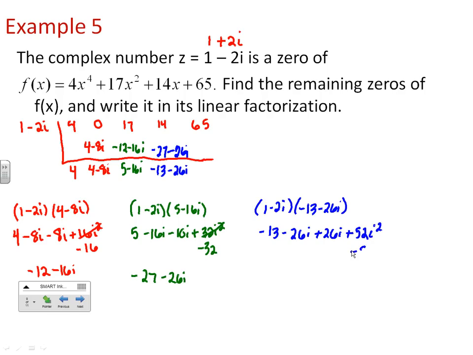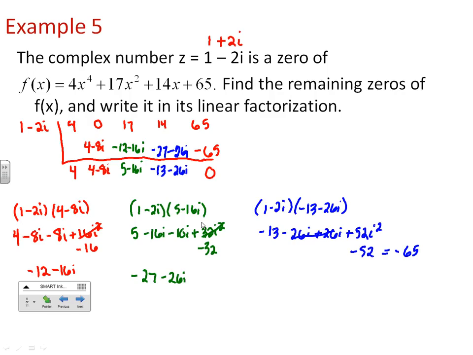So this becomes minus 52. My middle terms cancel out. Negative 13 minus 52 is negative 65. So I put that right here, and I get 0, which means that this is indeed a factor.